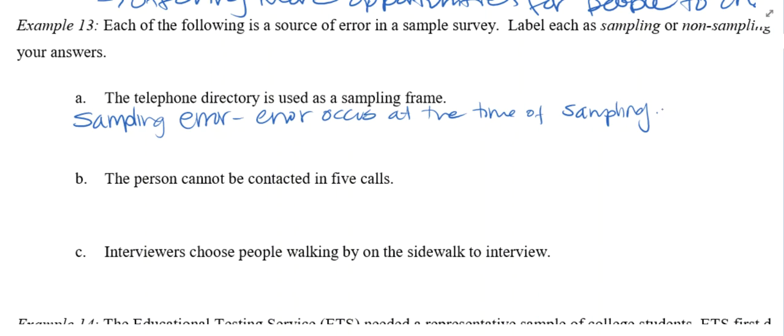Yeah, not everybody's in the telephone directory. Some people opt out of it, like we have done that in the past as teachers. Yeah, you can be left off on purpose. You don't want to be part of the telephone directory. Also, if you have a cell phone, most likely you're not going to be in the telephone directory. It's usually for landlines. So lots of people could potentially be left off of your list.